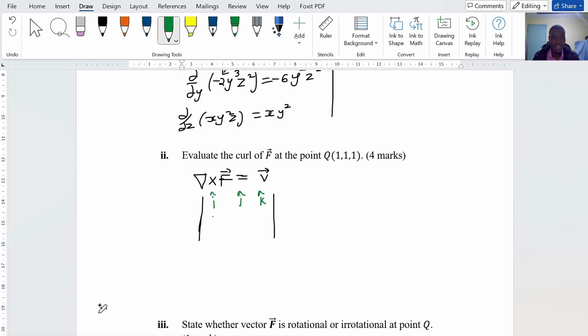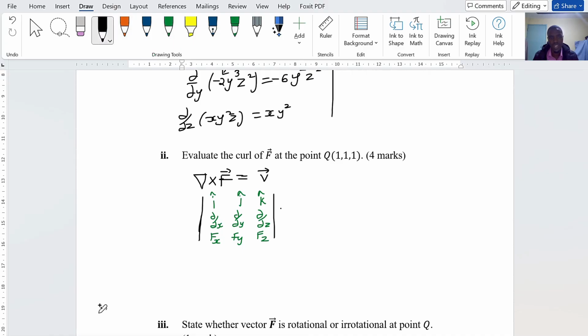Now our nabla here is d over dx, then d over dy, then d over dz. Our F is Fx, and then Fy, and then Fz.